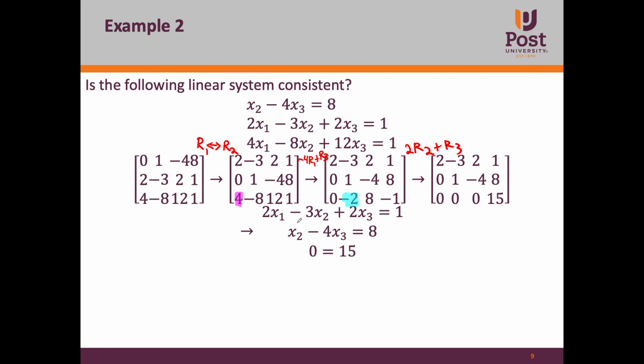We get 2x sub 1 minus 3x sub 2 plus 2x sub 3 is equal to 1. x sub 2 minus 4x sub 3 is equal to 8. And then 0 is equal to 15. By just looking at that, this last equation makes absolutely no sense. 0 and 15 are not the same number. So because of that, this is an inconsistent system.